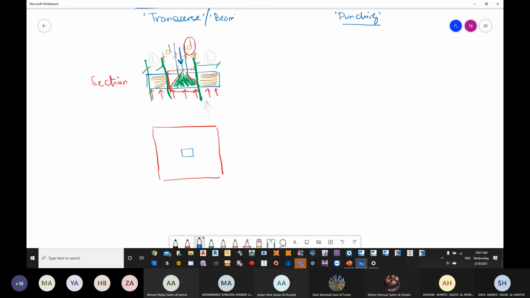We said we need to take a distance of d from the face of the column. There is d. And we said that this area is the area which is easily cut.